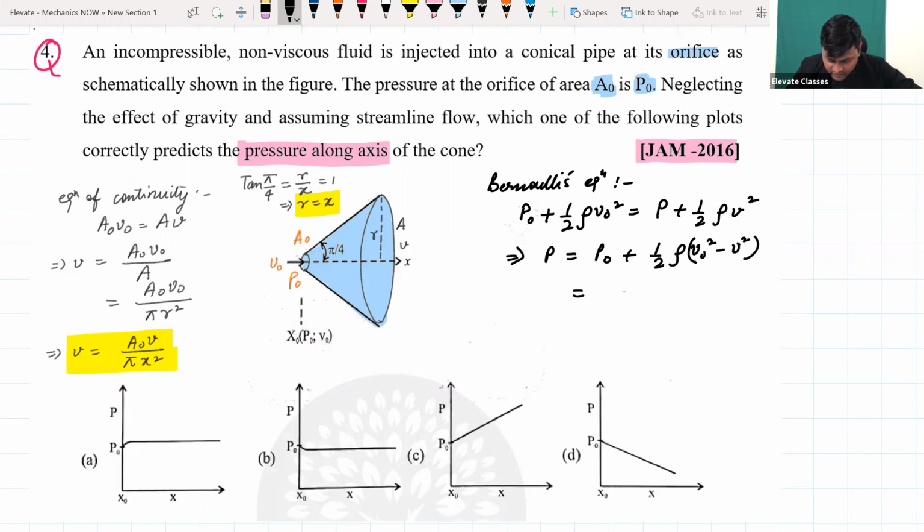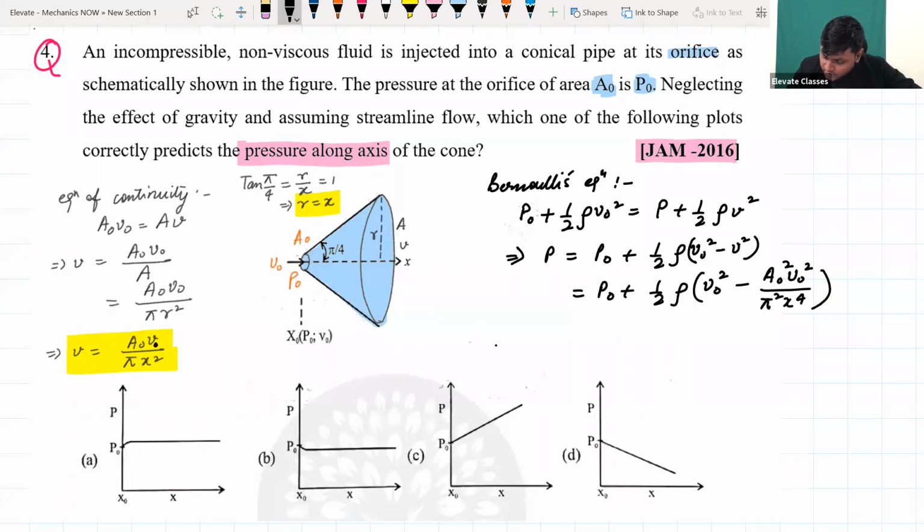Okay, so what is V? V I have already obtained. So if I apply the V here, P naught plus half of rho, V naught I know. V square is equal to A naught square V naught square upon pi square x to the power 4.